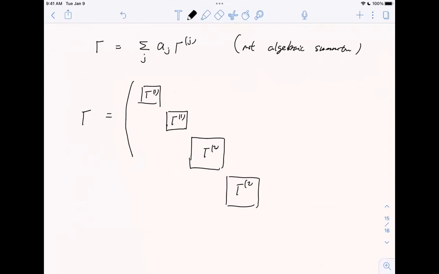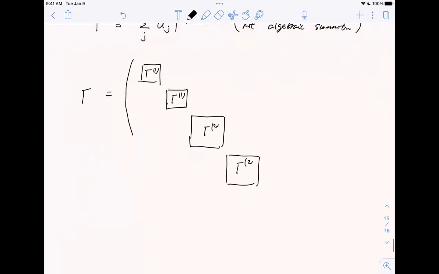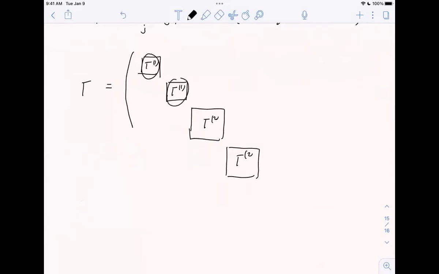I mean, gamma 1 and gamma 2 are irreducible representations. Gamma 1 and gamma 1 here doesn't mean they're exactly the same thing, but they are the same irreducible representation. Like this gamma 2 and gamma 2, when you write it down, the matrix elements may not be exactly the same, but they belong to the same representation.